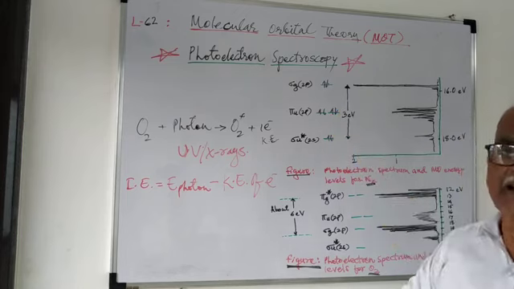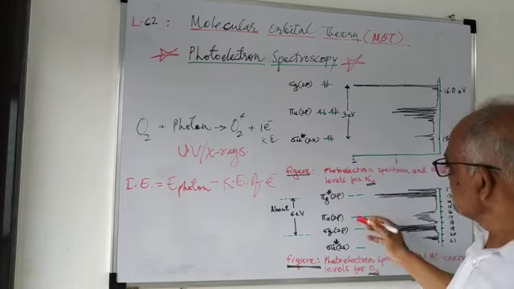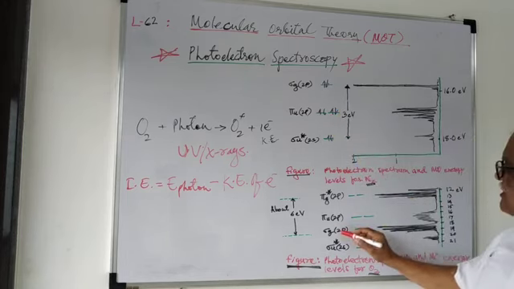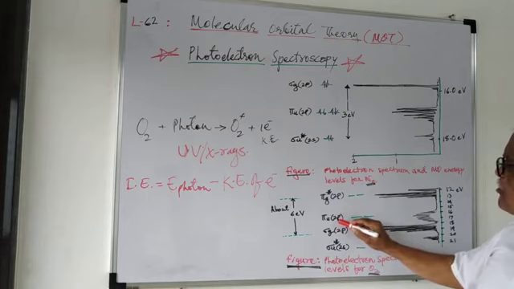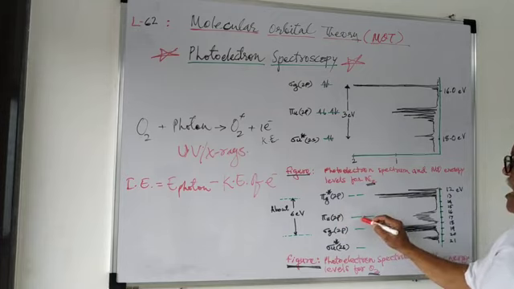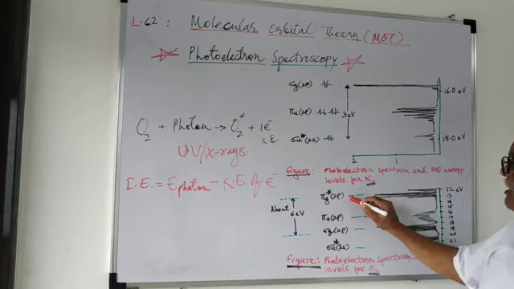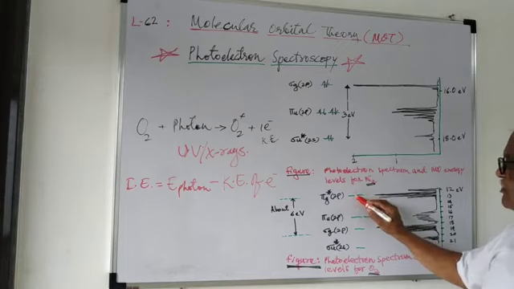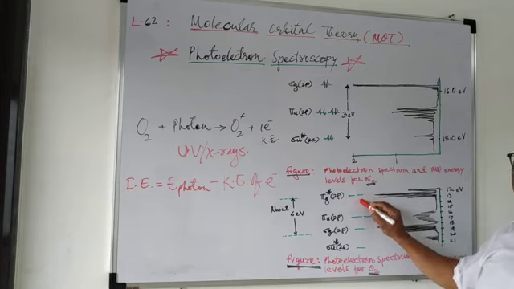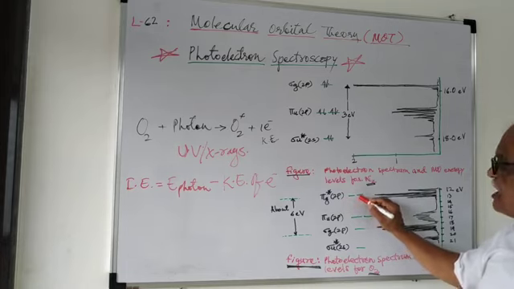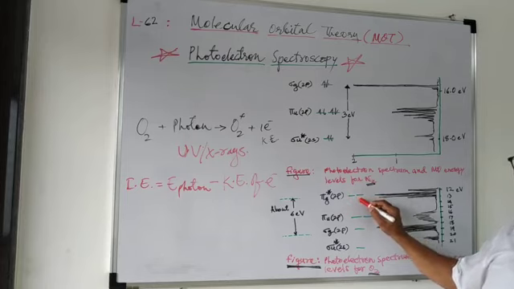But in case of oxygen, you will find that the pi u molecular orbitals have relatively less energy. And if the electrons are there, in oxygen you will find the electrons of this pi star have the least ionization energy. These electrons can be very easily removed.